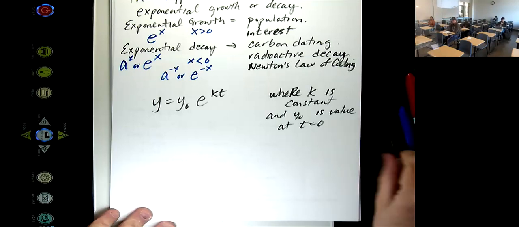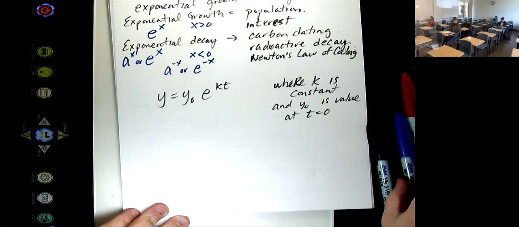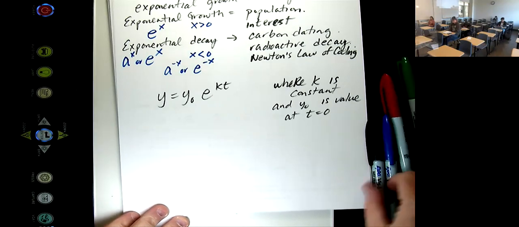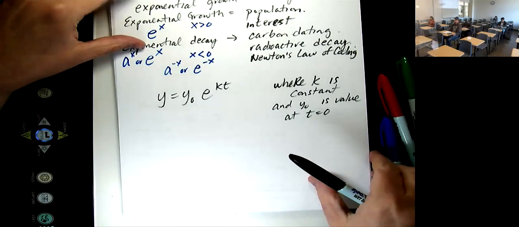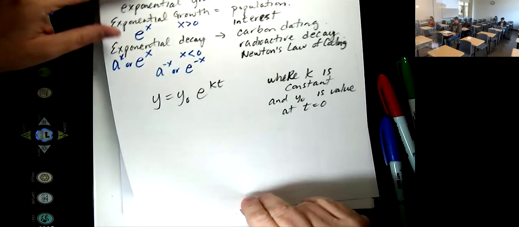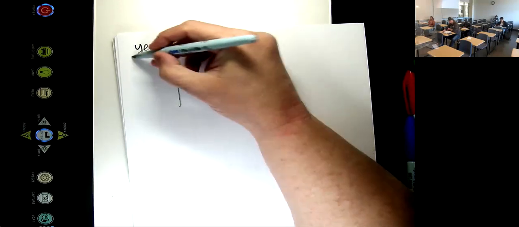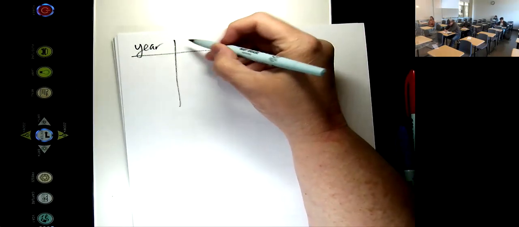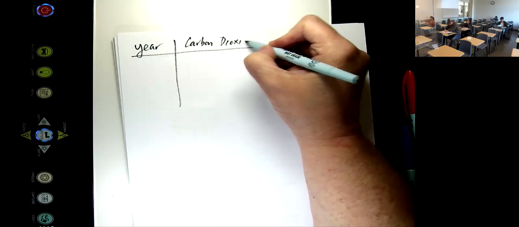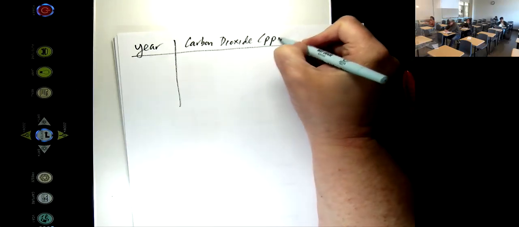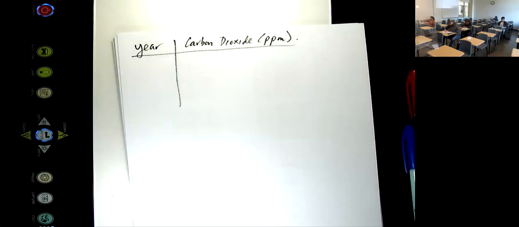Sometimes you don't know what the decay constant or the growth constant is. So let's look at an example where you have to find it. Let's say we have a chart where we have years, and this is carbon dioxide in parts per million, or atmospheric carbon dioxide.